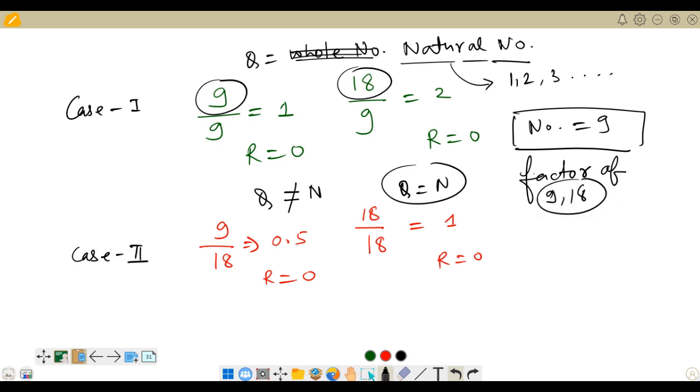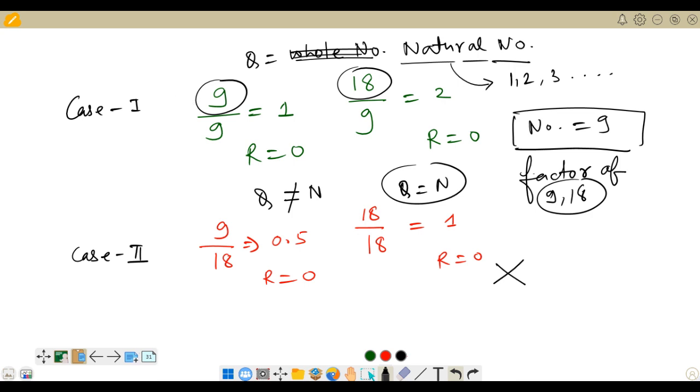But in case 2, 18 is not a factor of 9. It can be a multiple of 9, but it cannot be a factor of 9. Clear? So now you have an idea of what factors and multiples are.